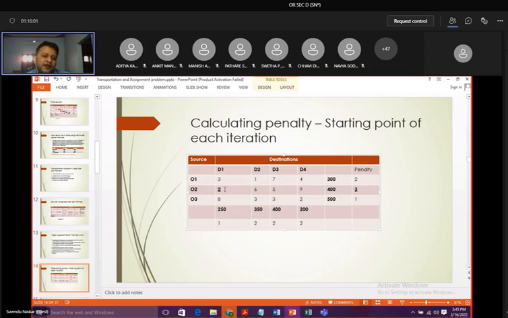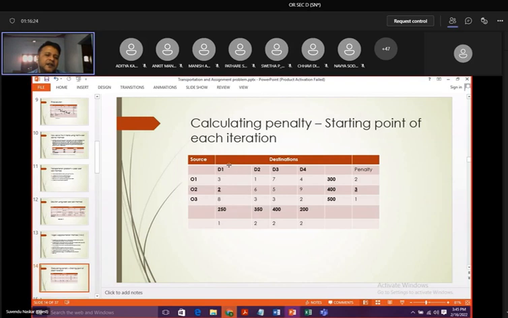Now I'll allocate the maximum I can without impacting any constraint. How much can I allocate in this route? 250, which is the minimum of 250 or 400. So I'll allocate 250 here, which means the entire column is now fulfilled.